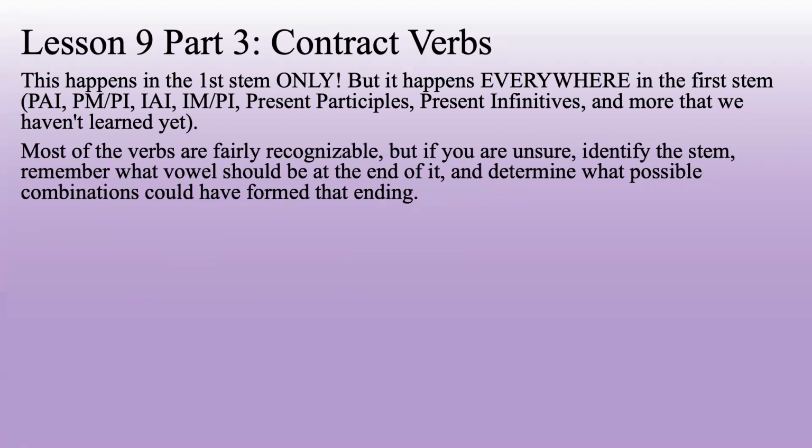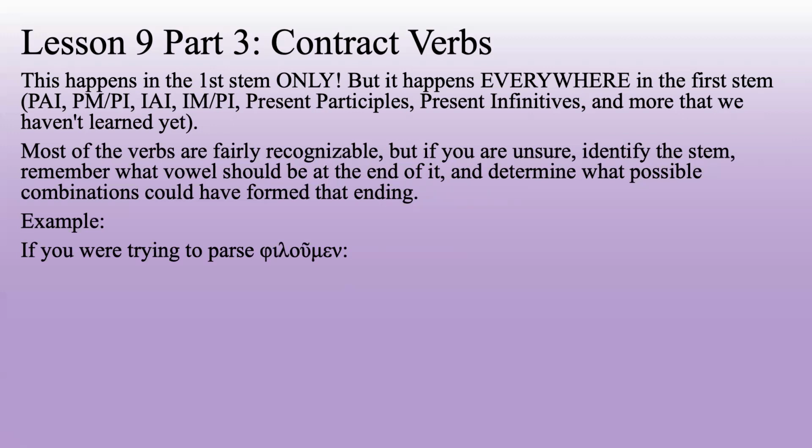Most of the verbs are fairly recognizable, but if you're unsure, identify the stem and remember what vowel should be at the end of it, and determine what possible combinations could have formed that ending. For example, if you were trying to parse philoumen, you can probably look at that and go, it's phileo and it's in the first person plural, present active indicative, not too tricky.